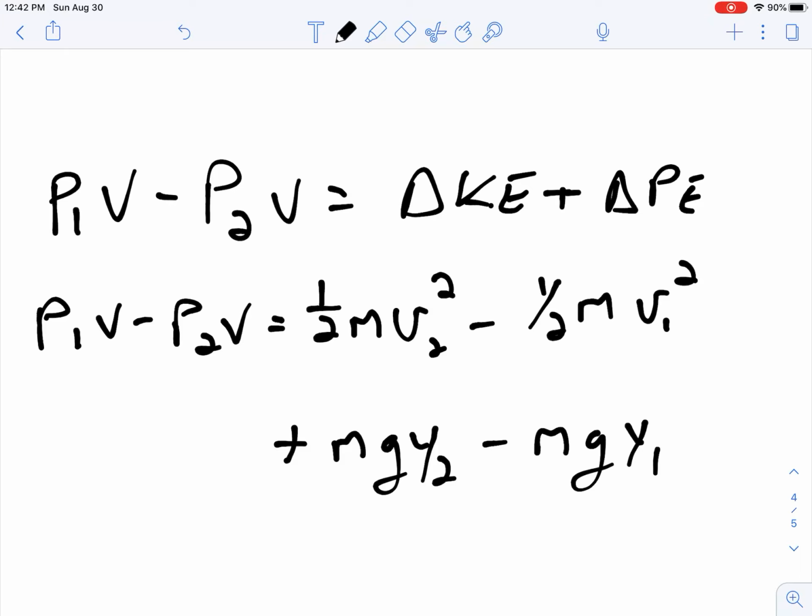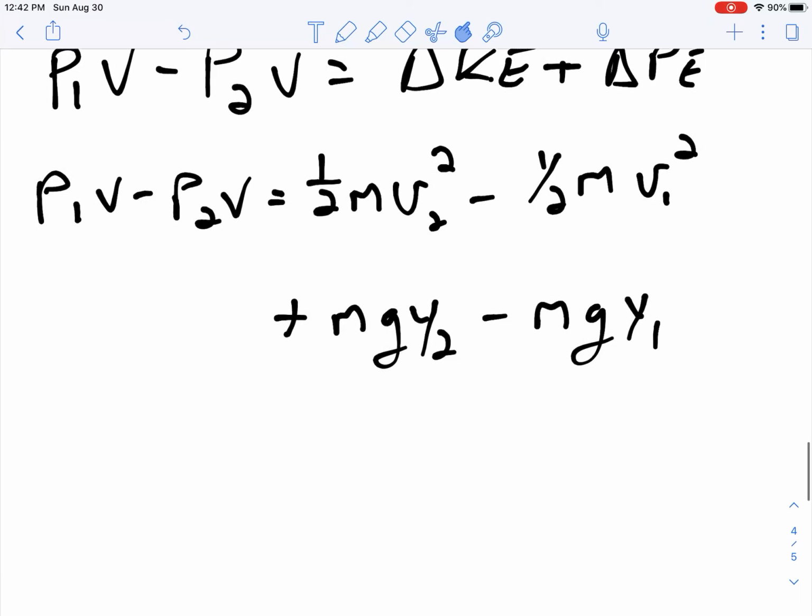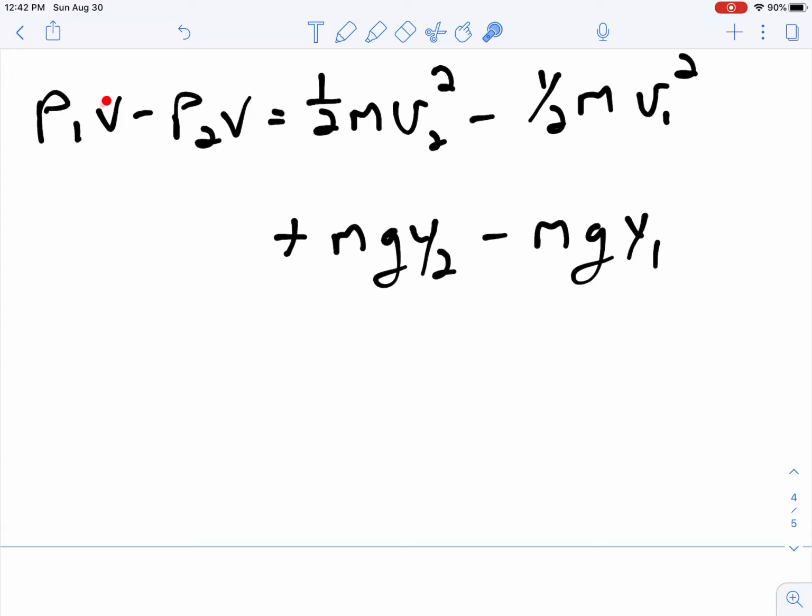So there's my equation. Well, let's do some more algebra. I want to divide everything by volume. I said velocity, dummy, that's volume.